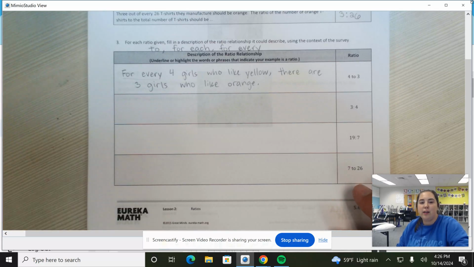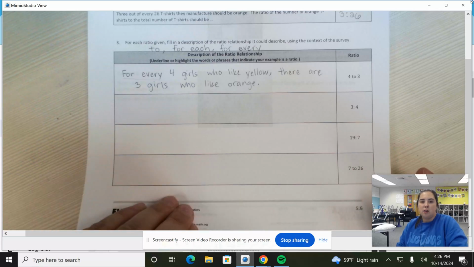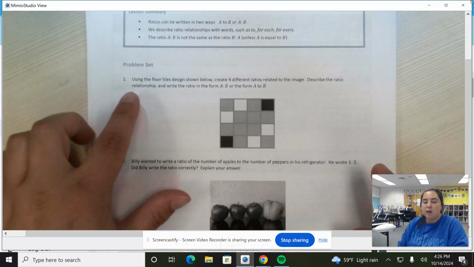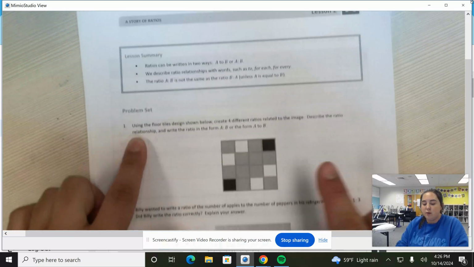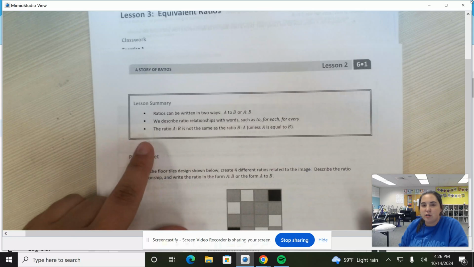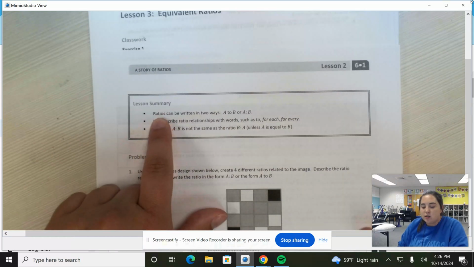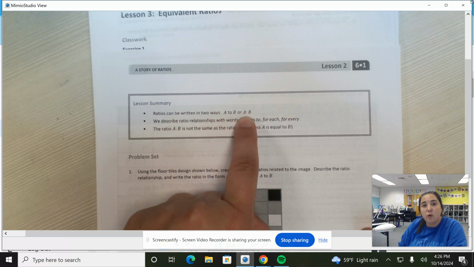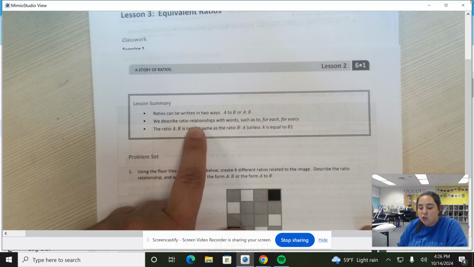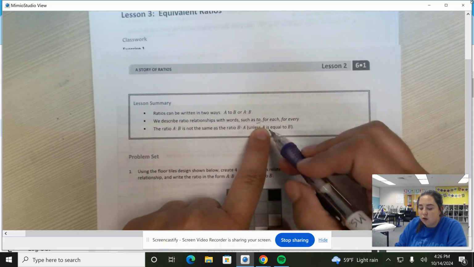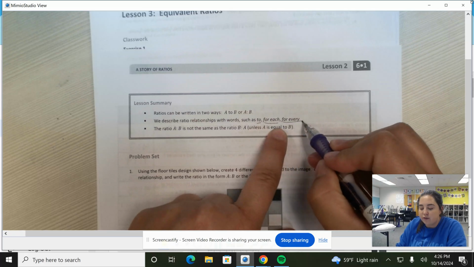Okay, we have one last part. So important things to keep in mind while you're working on the problem set for it. Remember, this lesson summary should be something we read each time so we make sure that we understand what we're supposed to learn. So it says ratios can be shown 2 ways. So like A to B or with a colon, which we'd read A to B. We describe ratio relationships with words such as to, for each, or for every.